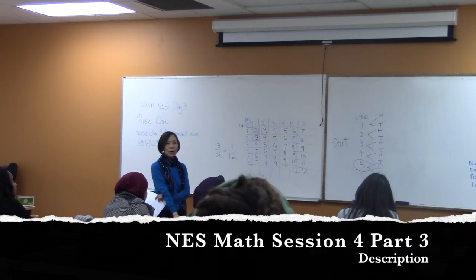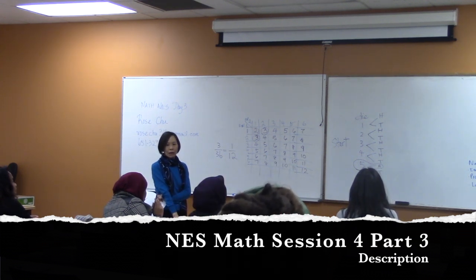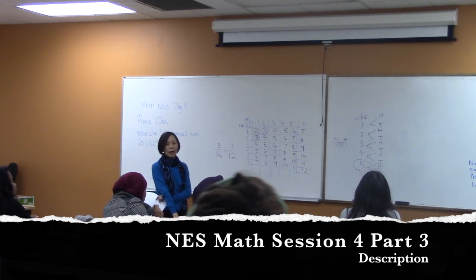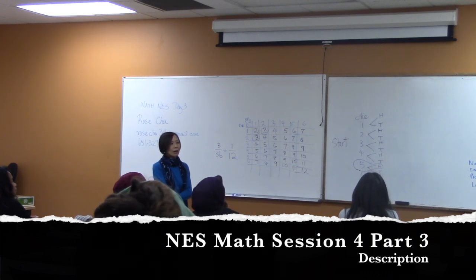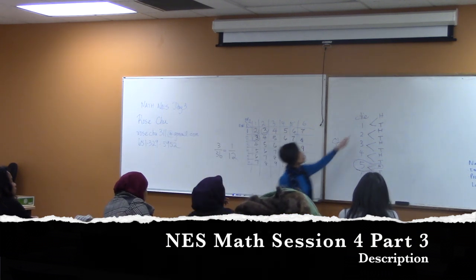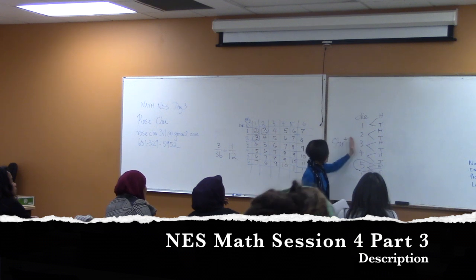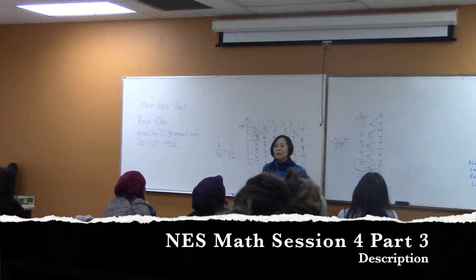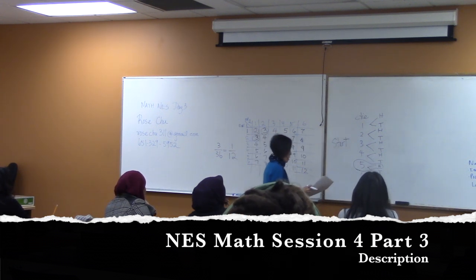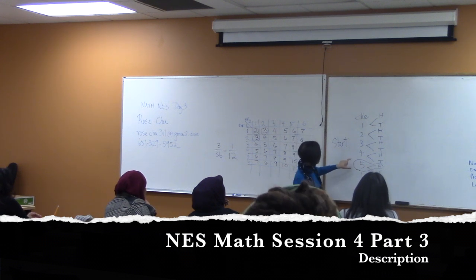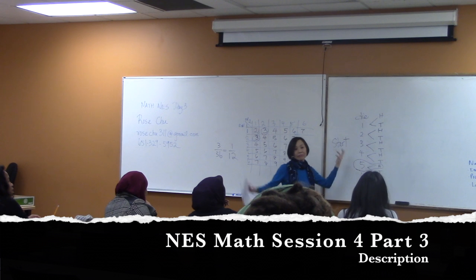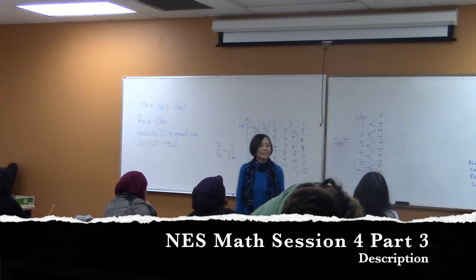Can you see that it's 12? Because for every die there are 2 possibilities. So 6 times 2 is 12, right? There are 12 possibilities. And how many of them is a 5 and a head? 1 out of 12.